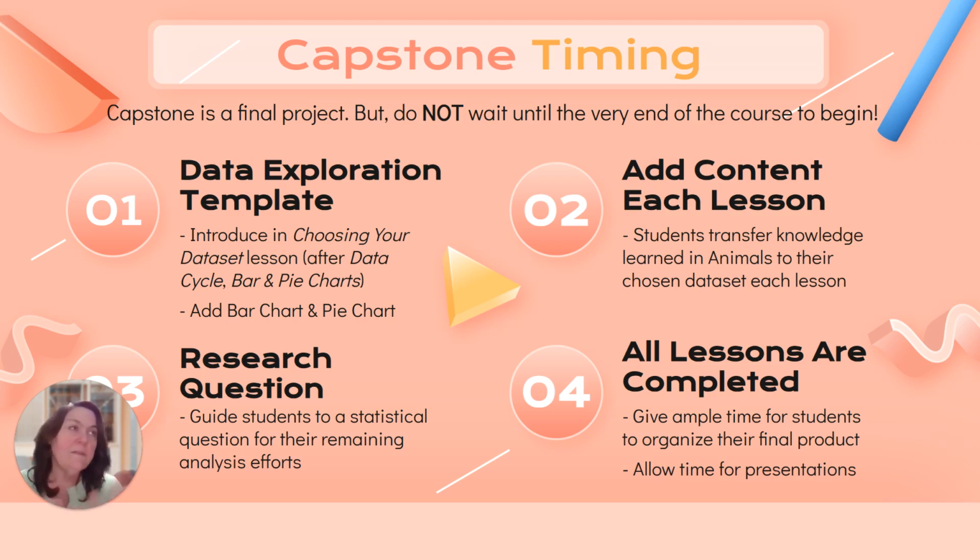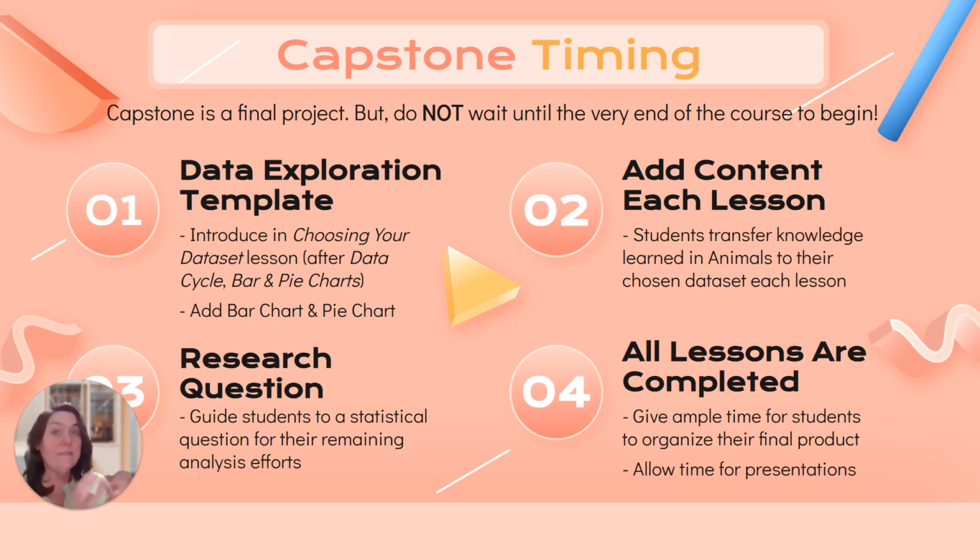At one point in this, you need to settle them down and come up with a good research question, a statistical research question that will be interesting to them. You're going to guide them to this really good question that they will be looking at as they're making their displays. And so these displays they make are going to go along that line for the remaining of their analysis efforts.